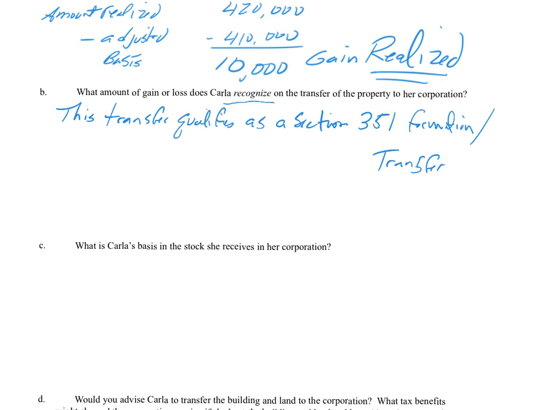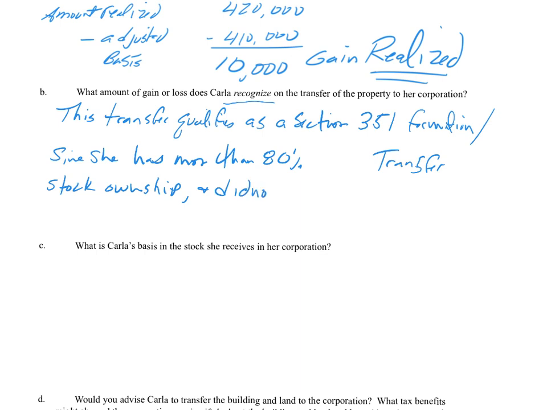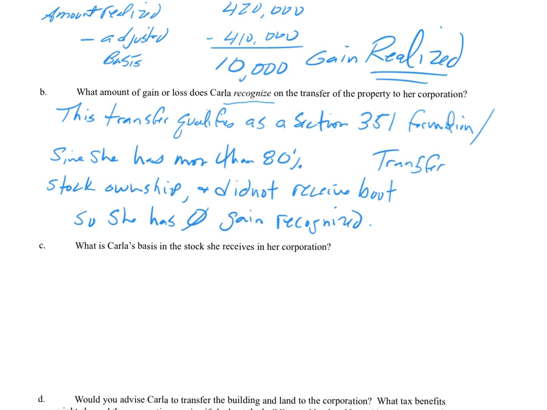Okay, so what does that mean? That means she did not receive boot. She has more than 80% stock ownership and did not receive boot. So she has 0 gain recognized. Okay.